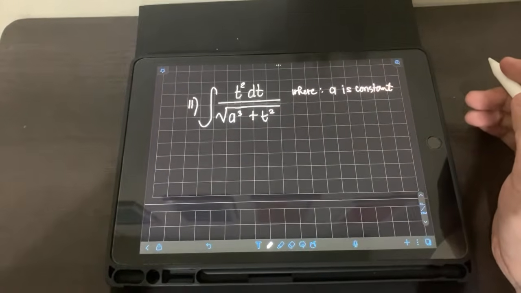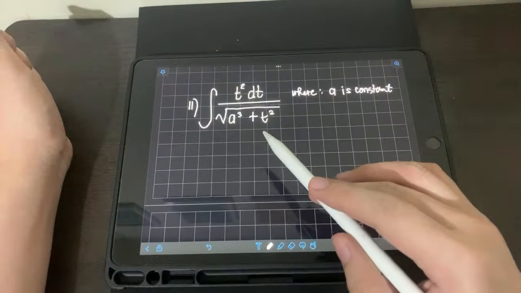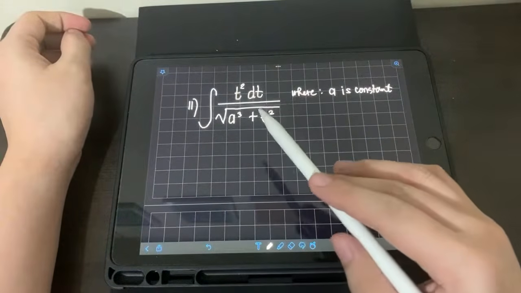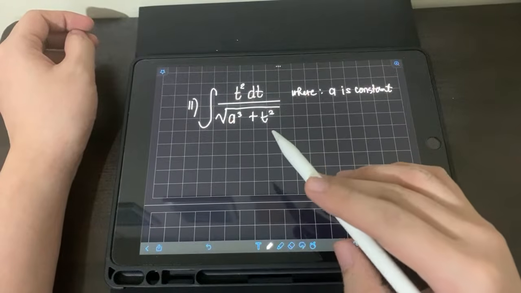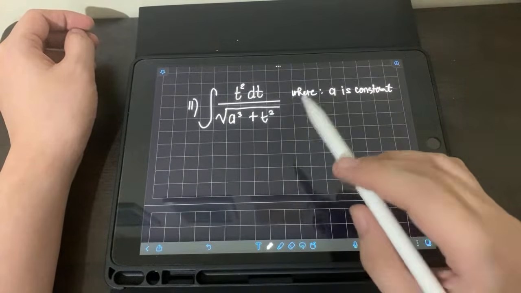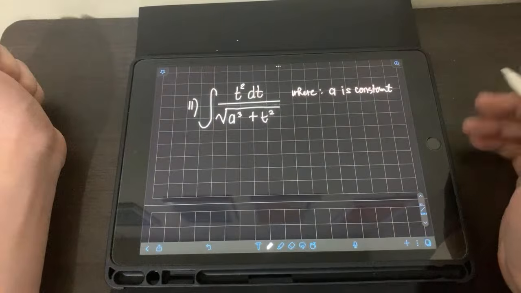Okay, so the 11th problem: evaluate the integral of t squared dt over the square root of a cube plus t cube, where a is a constant.